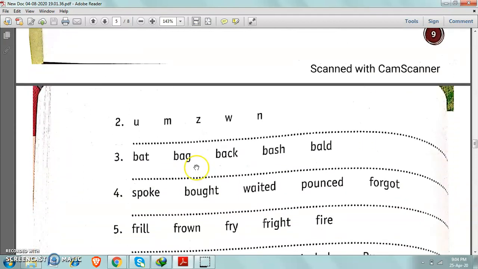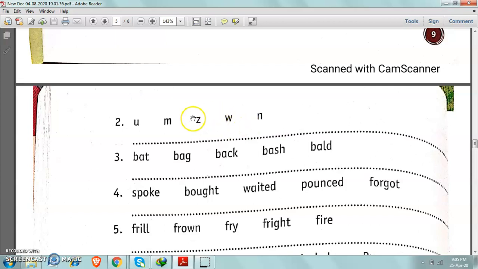Now come on, second number. U, M, Z, W, N. So here we have to find out the letter which comes first in the alphabetical order. See this, children, this is not a new topic for you. It was your first chapter of grammar. In the first chapter, it was told how to find out the proper sequence of letters.